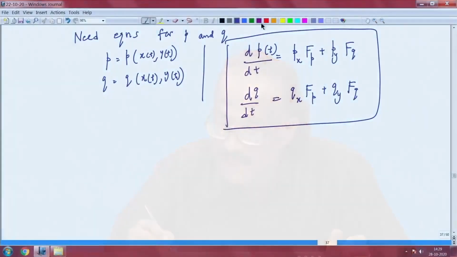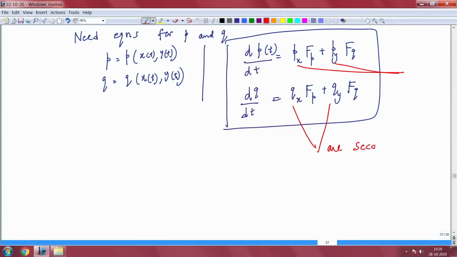That shows that you are unable to solve x(t), y(t), z(t) completely. You have to solve x(t), y(t), z(t) together with p(t), q(t). But before that, the difficulty is that this p_x and q_y are second order, and that is undesirable, right?